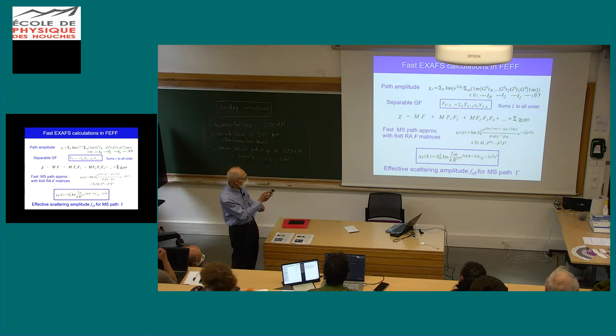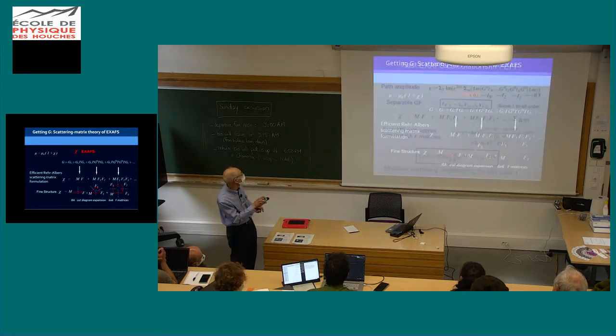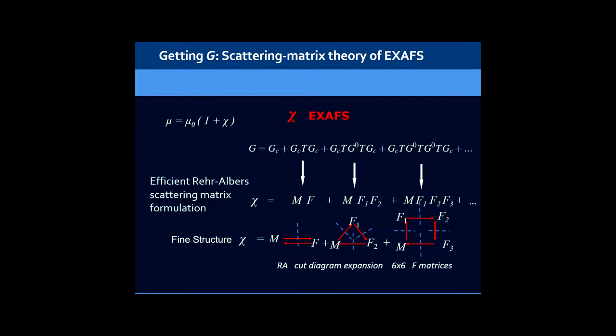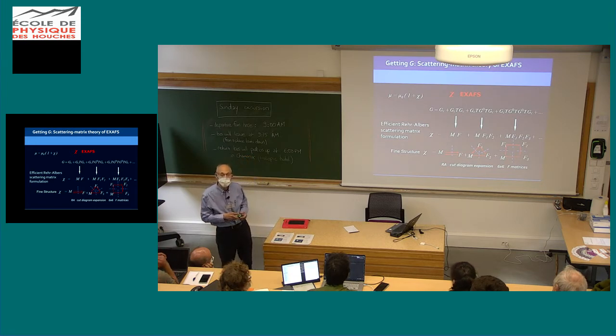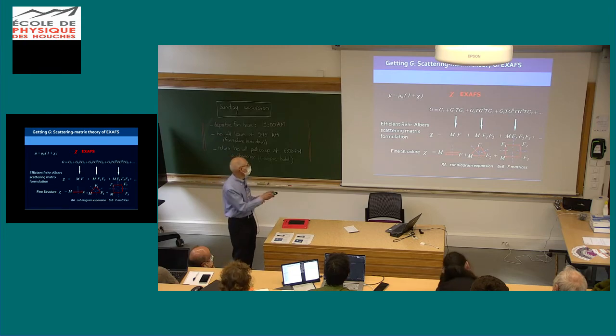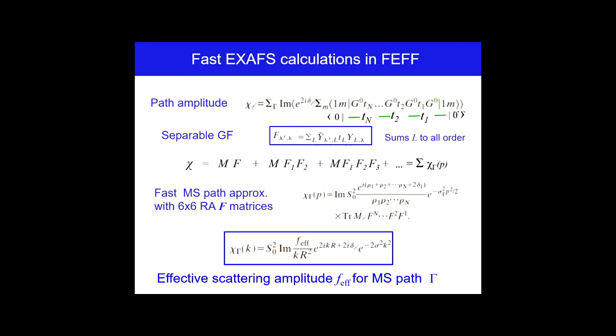And now we can do this path expansion, path by path. And for each path, we have a different product of these matrices. And you can think about this as the sum of all possible ways that an electron can go through the pinball machine and end up back at a starting point.